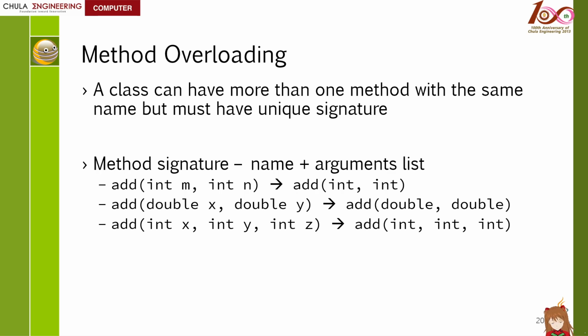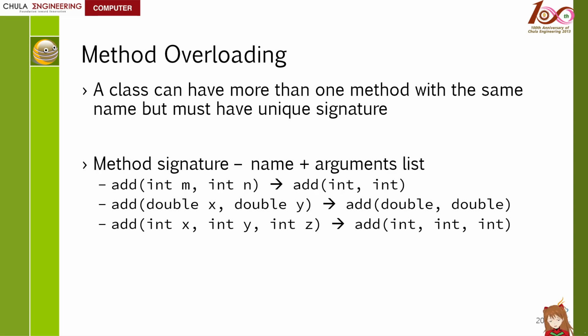But the system will distinguish each one of these same-name methods by looking at the method parameters. So it can distinguish between method add with 2 parameters and method add with 3 parameters.